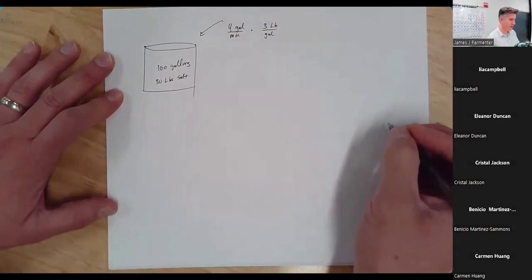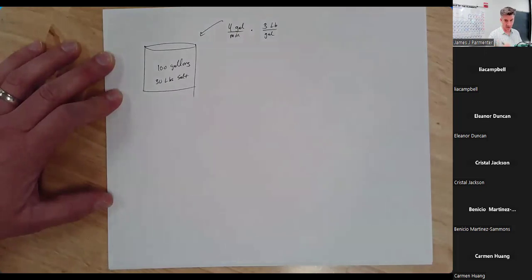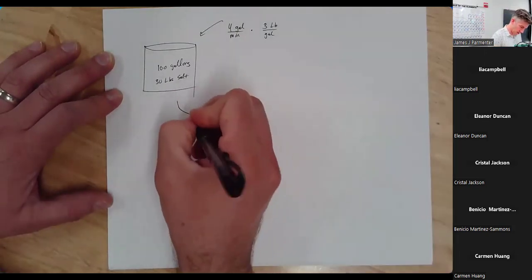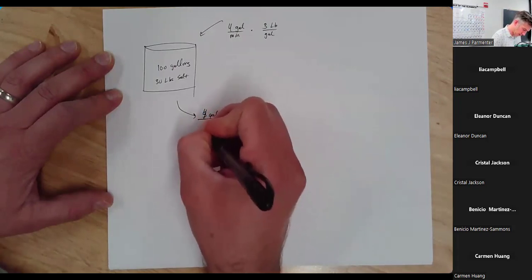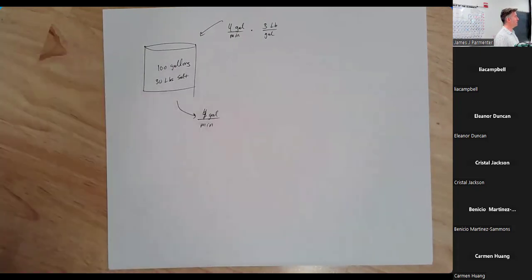So that's the volume going in and the concentration of that volume. And what's going out is we're taking it out at 4 gallons per minute.